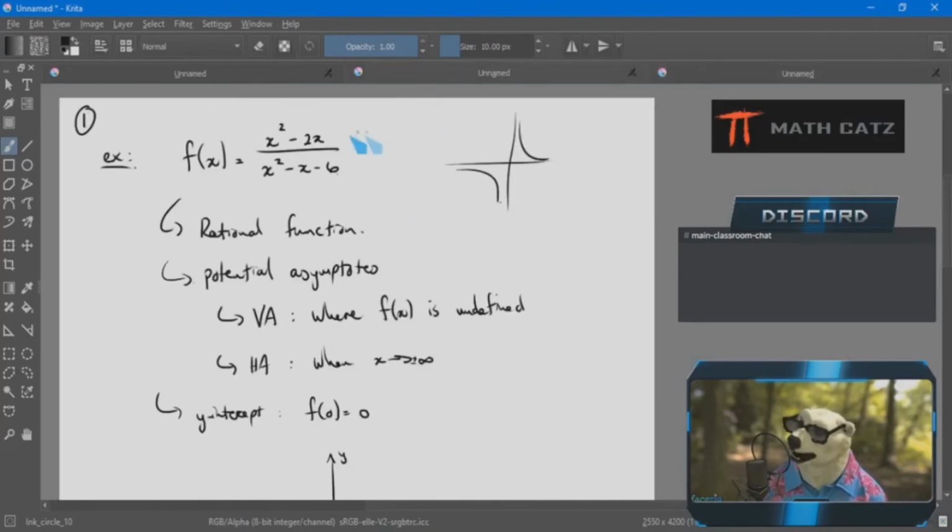And I want to know that because that's important for my vertical asymptote question. It's always going to be, where is this denominator 0? So in the case of rational functions, it's the only situation that's, for us, going to create a vertical asymptote.